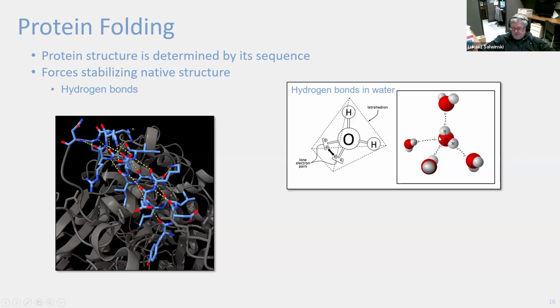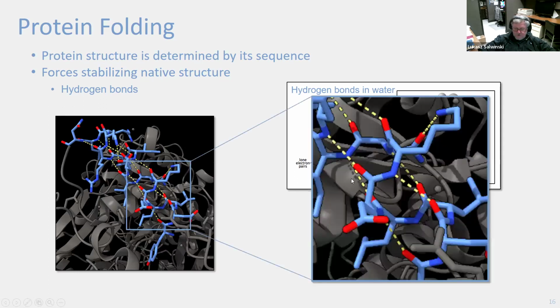So on one side of the water molecule there's a negative charge, and there are two hydrogen atoms that are positively charged. Those two ends of the molecules attract each other, and that's what hydrogen bonds are. In the case of water, they are formed between the oxygen on one water and a hydrogen belonging to the neighboring water.